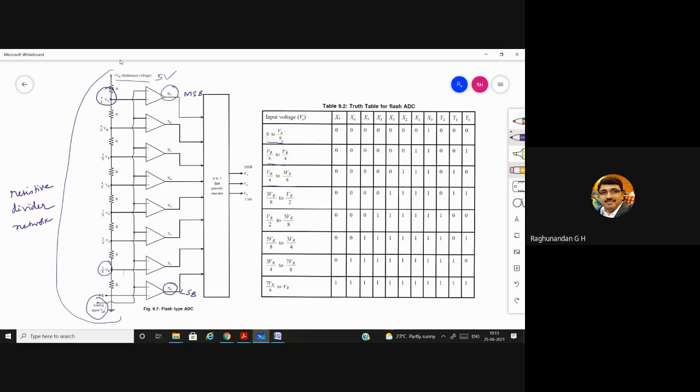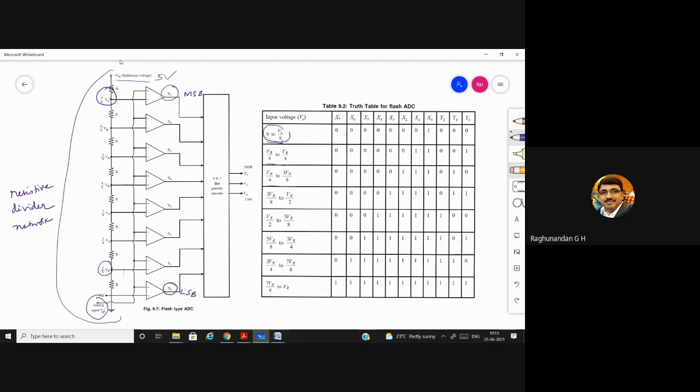So when x0 is 1, it is going to indicate that the equivalent signal will be almost 0. It is considered as 0. The digital equivalent of the given input signal is almost 0 because you can see that 0 to VR by 8.